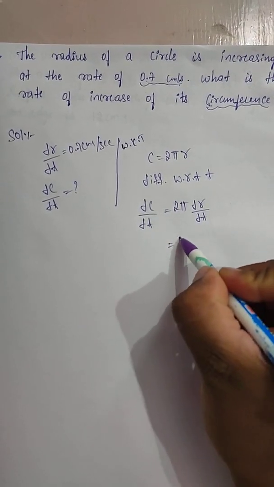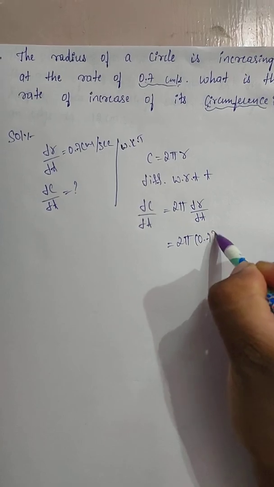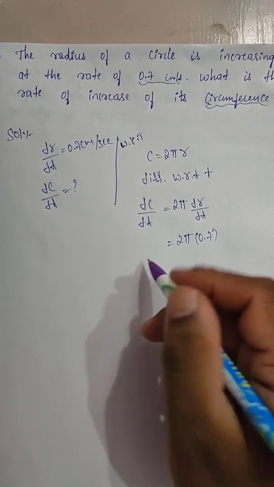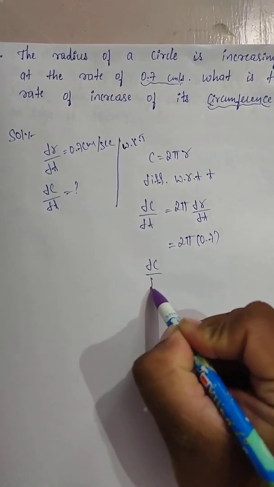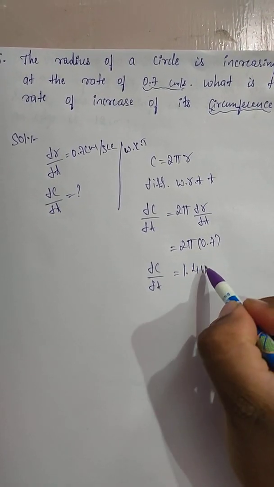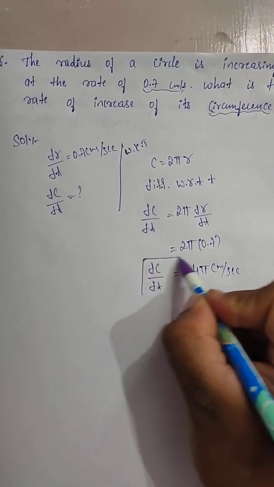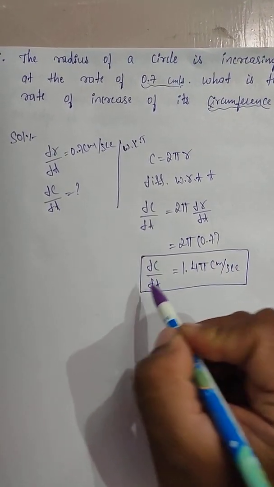Now 2 pi into dr by dt, which is 0.7. 0.7 into 2 is 1.4 pi centimeter per second. So this is the rate of change of circumference.